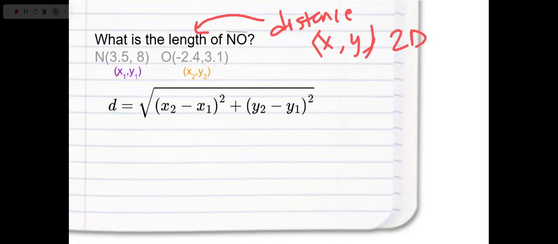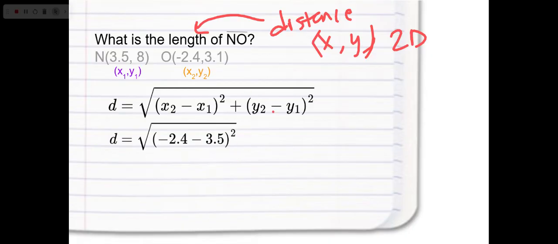Okay, I like to label them x comma y, x comma y. I put my little subscript 1, 1, 2, 2, so that it just makes it a little easier for me to plug them into the formula. So start off by subtracting the 2 x values. It doesn't matter which one goes first. I'm going to use x2 first, so negative 2.4 minus 3.5 squared.